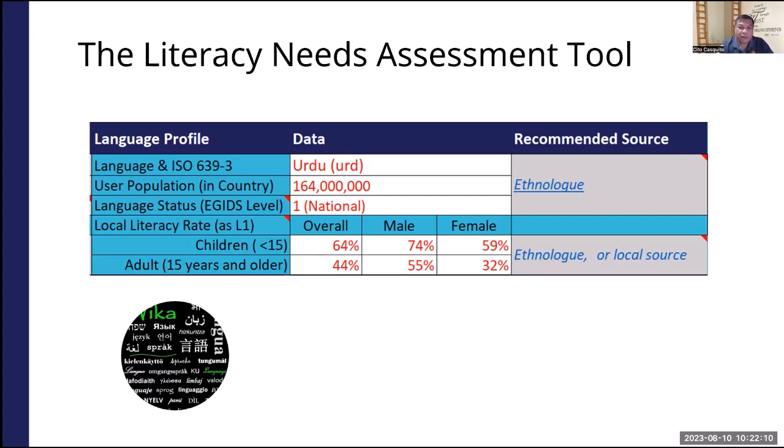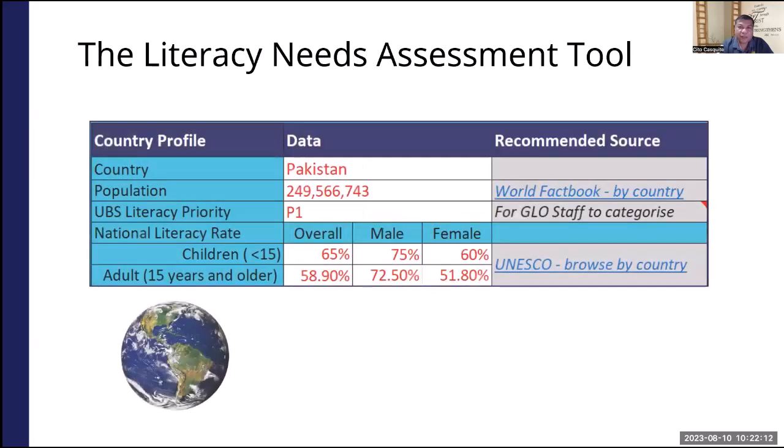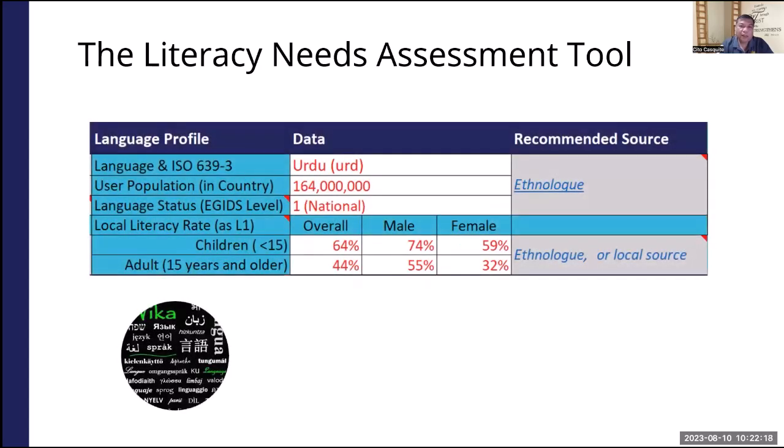So it's quite different from the literacy rate for the country, for both children and adults. And so this is important information for us in deciding if a literacy intervention is needed for this particular language.